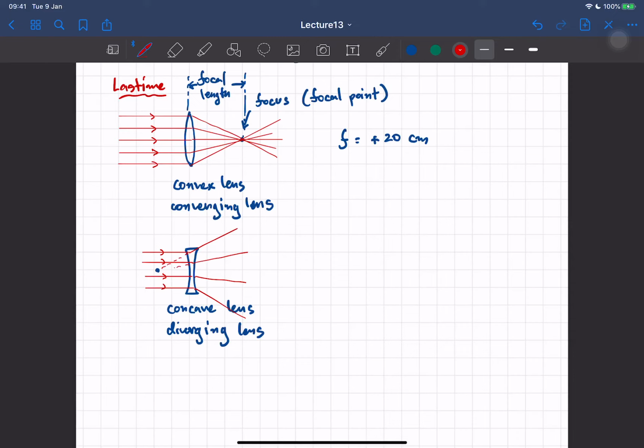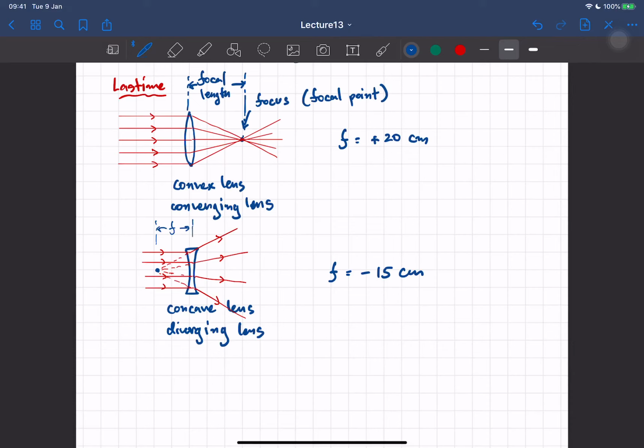They will not really meet, because the light is diverged away, but the focal point is where you extend back all these light rays, and they meet at one point. That's the focal point for this concave lens or diverging lens. The focal length is defined the same way, which is the distance from the lens to this particular point. And because of this, the focal length is going to be negative, for example, negative 15 centimeters for this kind of lens.